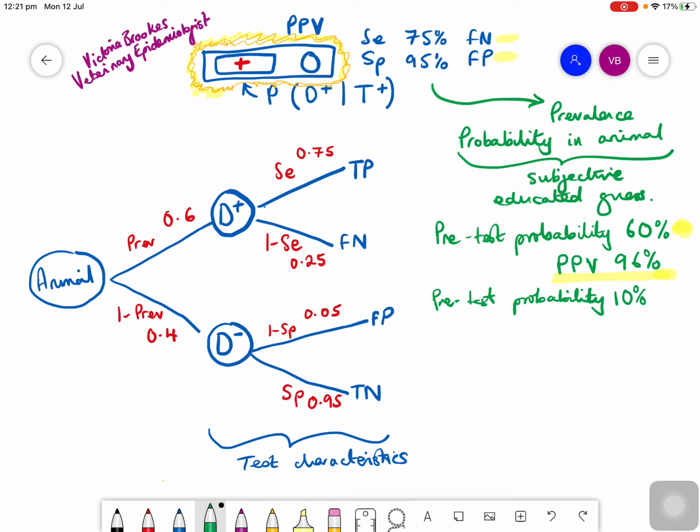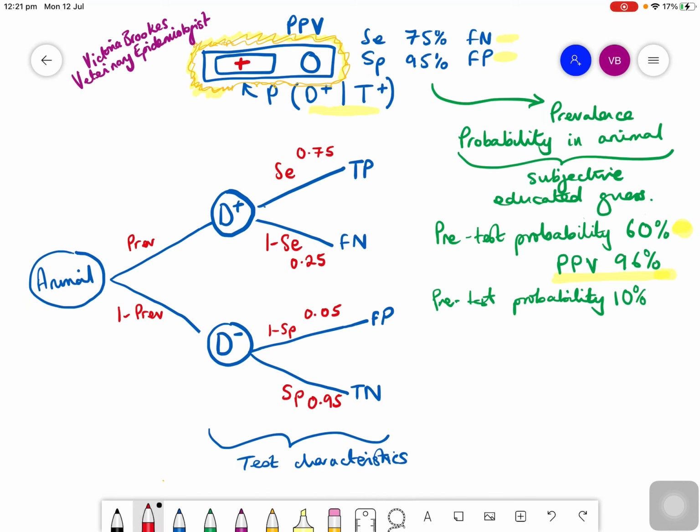So we're going to use this test, and again, we get a positive test result. What is the probability that that test result indicates that the animal is diseased, given that we've got this positive test? Let's go back to our tree diagram, or our algorithm, and calculate the different probabilities.